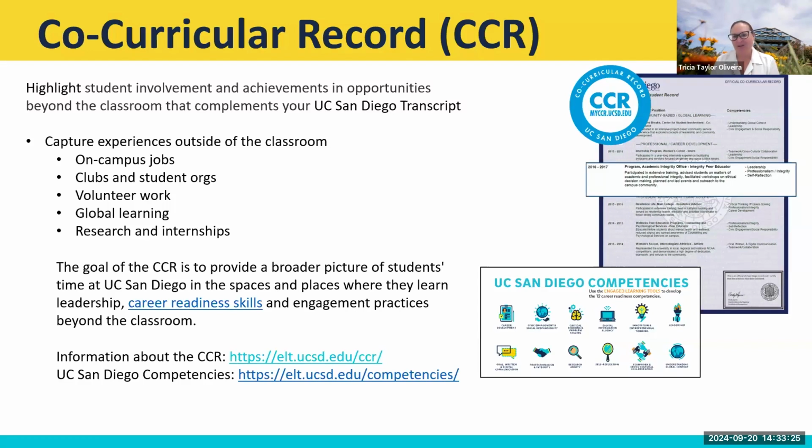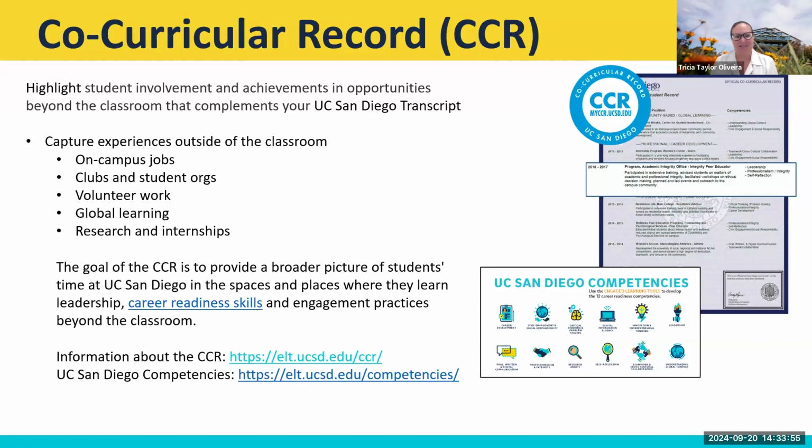What the co-curricular record is, it's actually a document that goes together with your official academic transcript. But instead of including only your classes, the co-curricular record shows ways that you've been involved on campus during your time here at UC San Diego for certain opportunities that are verified by staff and faculty here at UC San Diego.